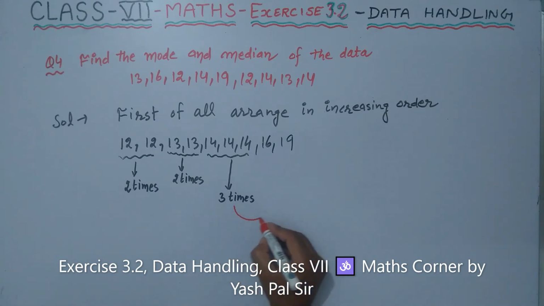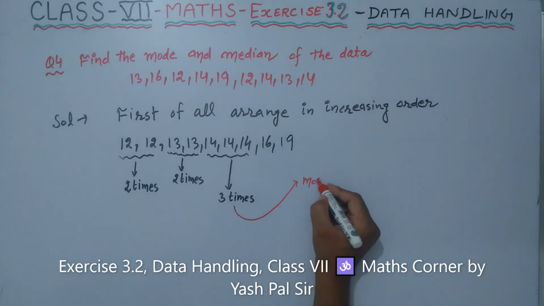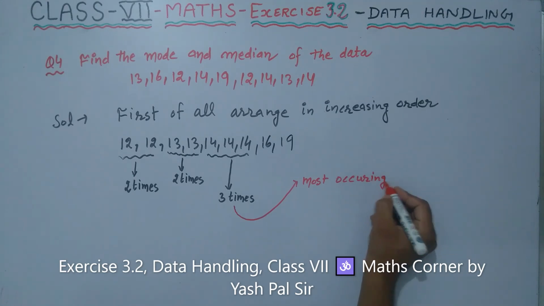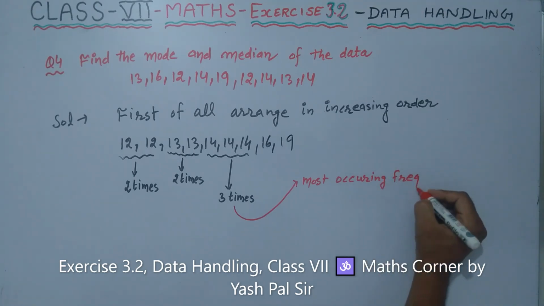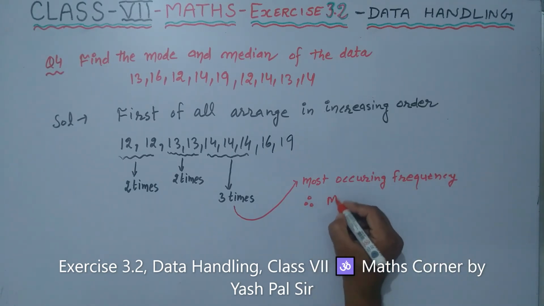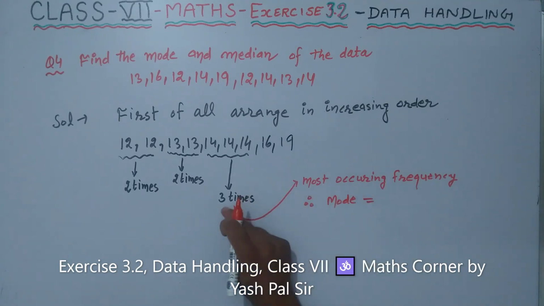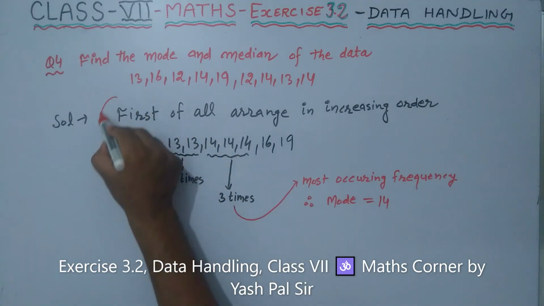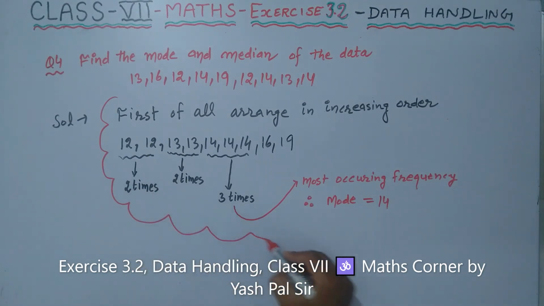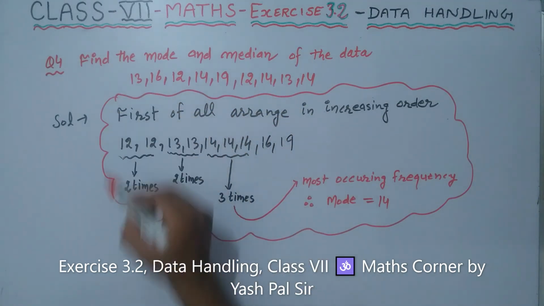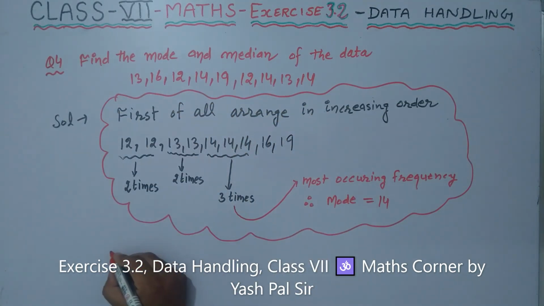This is the most occurring frequency. Therefore, mode is equal to 14. What is the mode? Mode is 14. So first of all, this way we have calculated mode. Now the second work is median.